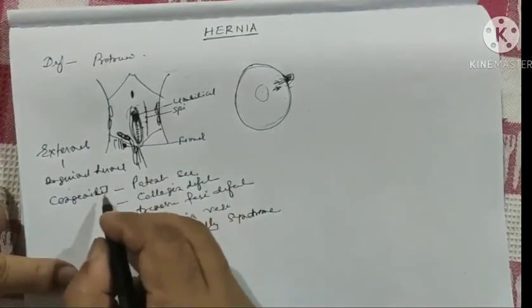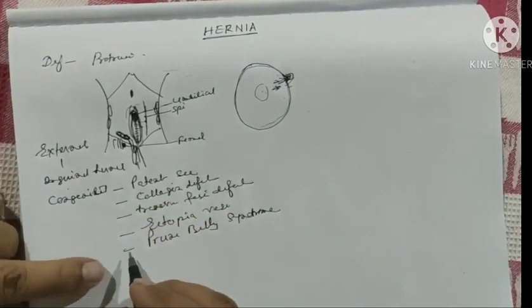Prune belly syndrome. These are usually common congenital causes of inguinal hernia.